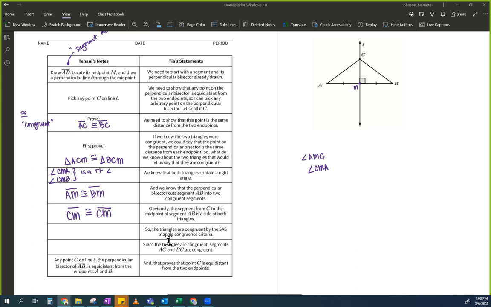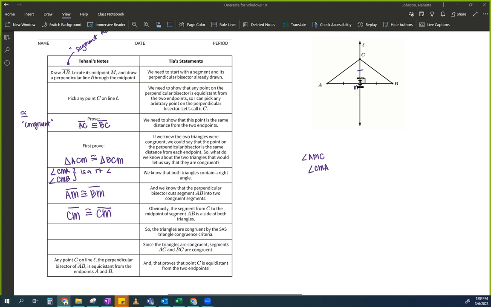Okay. Do you guys remember the triangle congruence? Side, side, side, side angle, side. I think you learned it last year. Good. So this one is called side angle side because we have, in this order, a side, the angle, and a side, right?